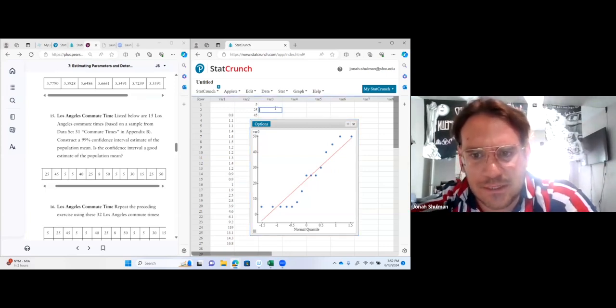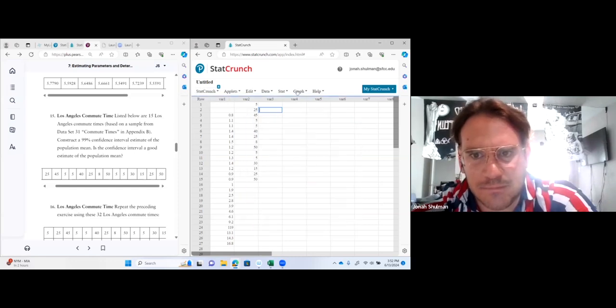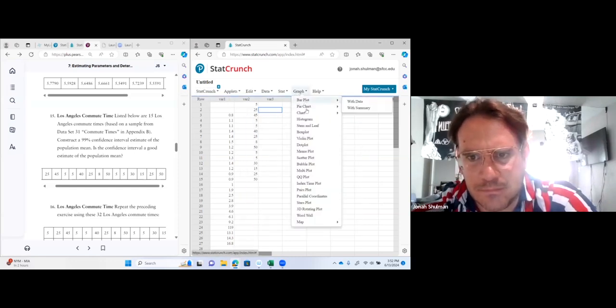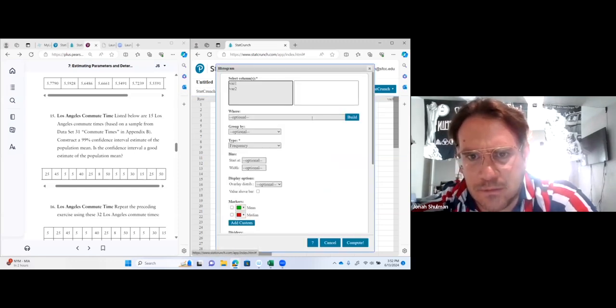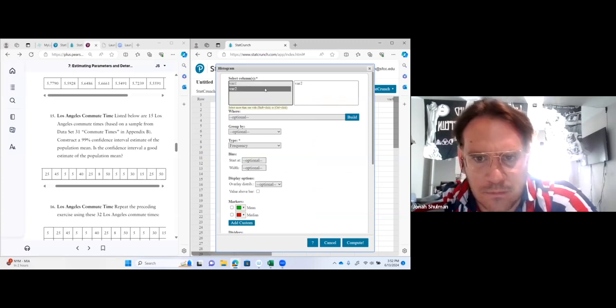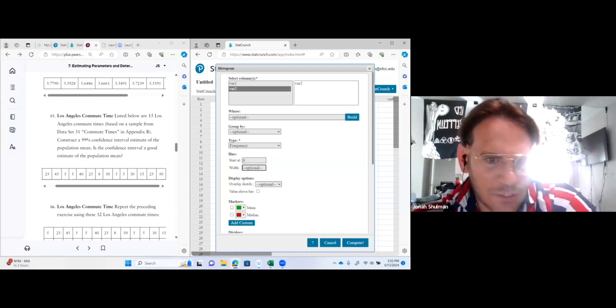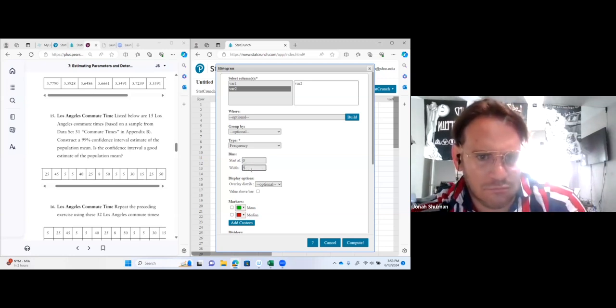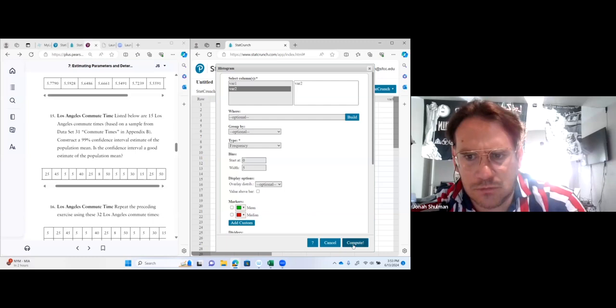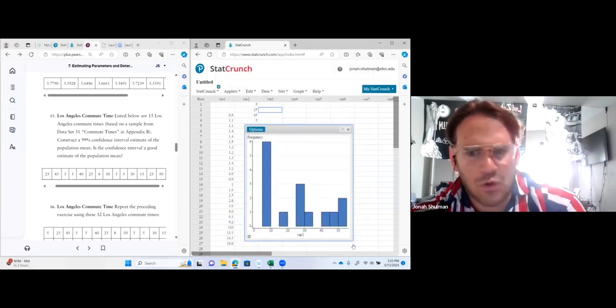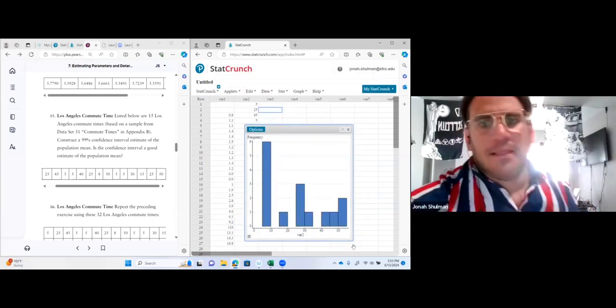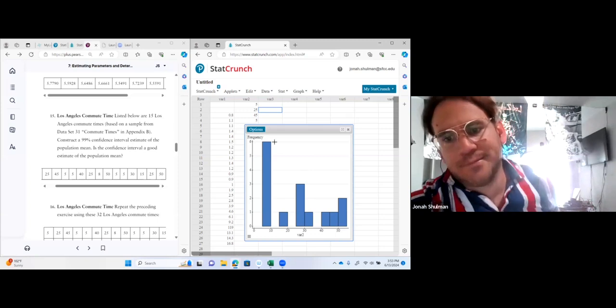We're going to take these and put them in a histogram. We're going to start at 0, right? We're going to make the width what? 5 each? Let's see how it looks. I don't know. I don't like it.